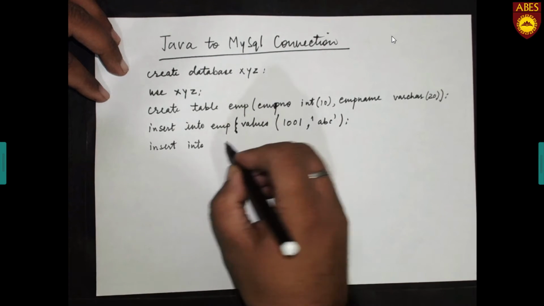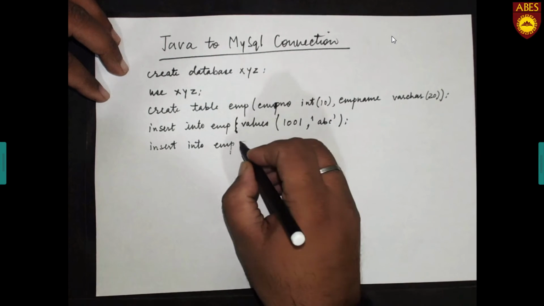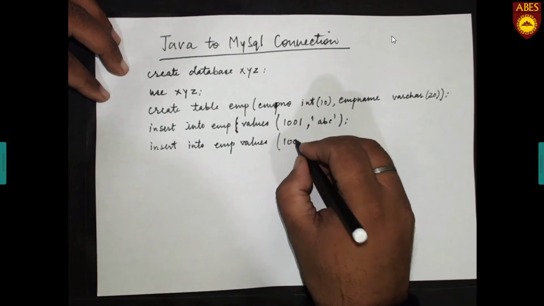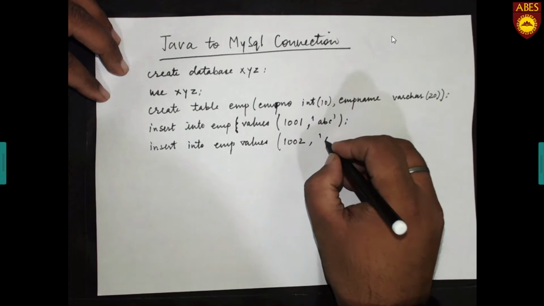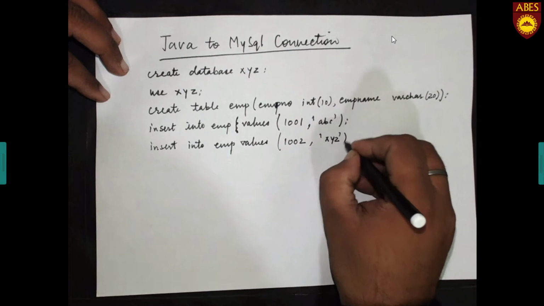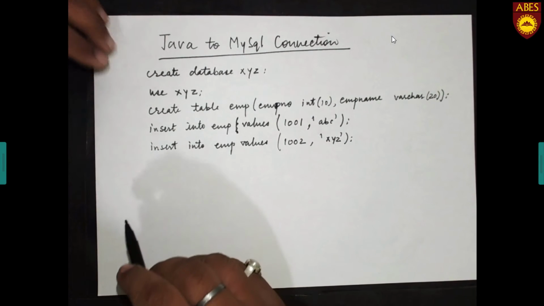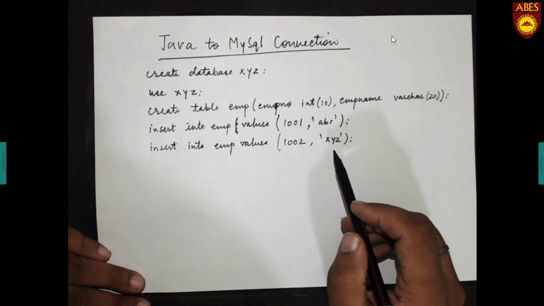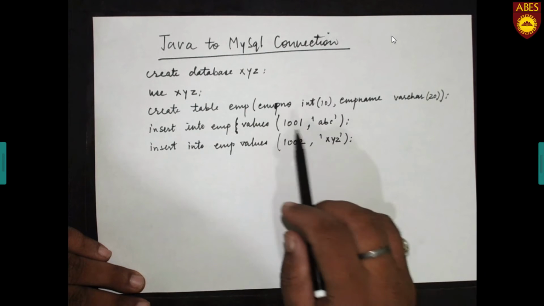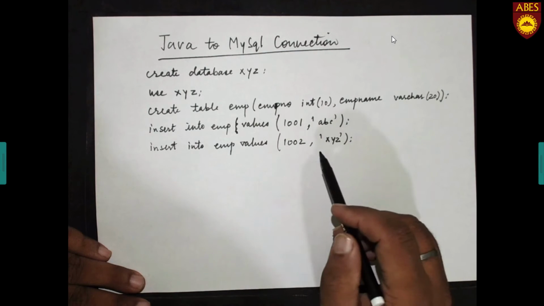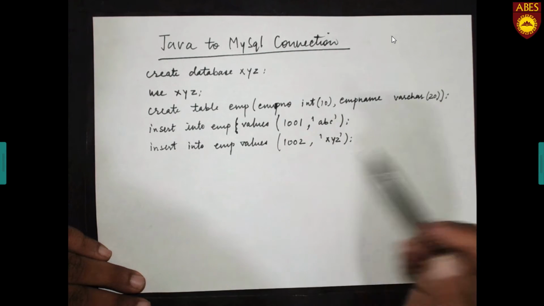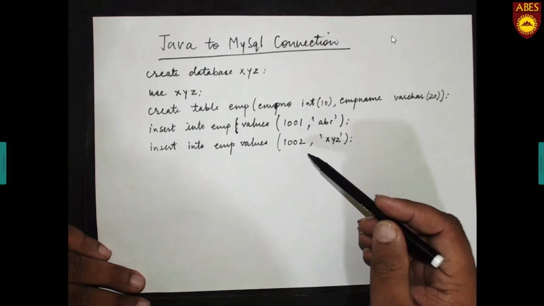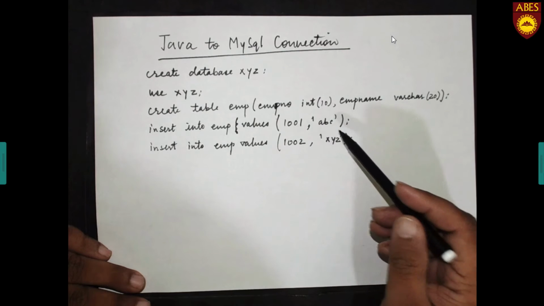So insert into employee values 1002 and XYZ. So now there are two employees, ABC and XYZ. Their employee numbers are 1001 and 1002, and corresponding to these employee numbers there are two employee names, ABC and XYZ.